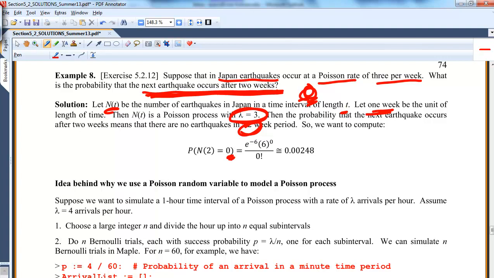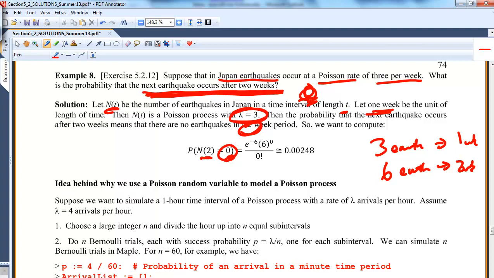I hope the 6 is making sense. I see 3 earthquakes per week, which would mean I would see 6 of them per 2 weeks. And what's the probability in this 2-week time period that I see none? I'm just putting this into a Poisson random variable.